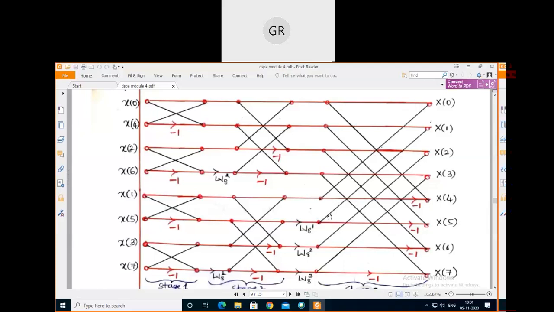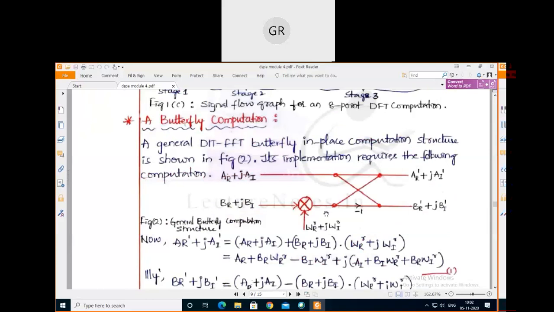The second input of the butterflies is always multiplied by the twiddle factors W8 raised to 0, W8 raised to 1, W8 raised to 2, W8 raised to 3. If you construct the butterflies using 4 inputs, then W4 raised to 0, W4 raised to 1 here. Just remember this.